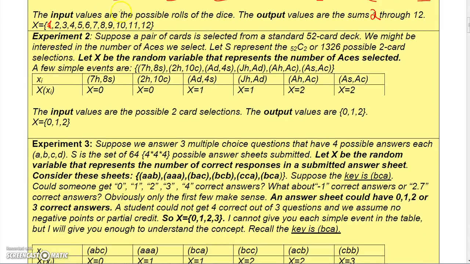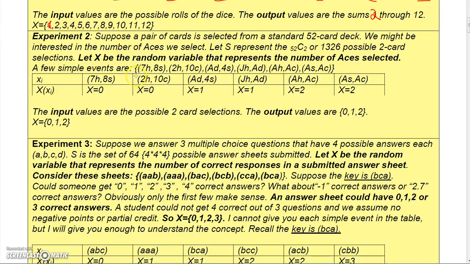Now let's look at another experiment. Suppose a pair of cards is selected from a standard deck. Suppose we're interested in the number of aces we select. Well, we can let S represent the 52 choose 2, or 1326, possible 2-card hands. And let X be the random variable that represents the number of aces selected.